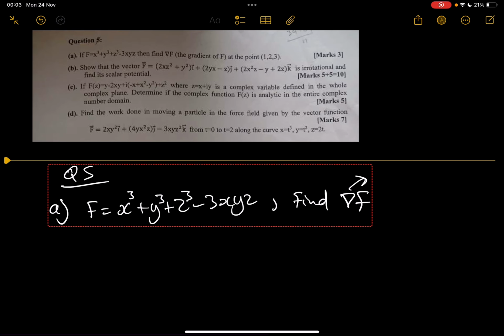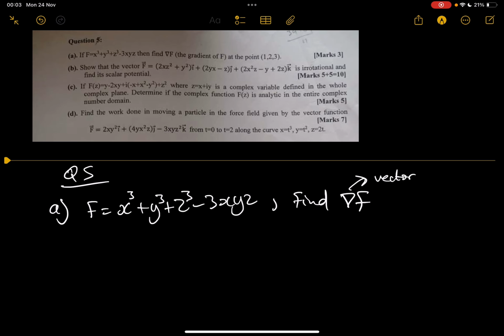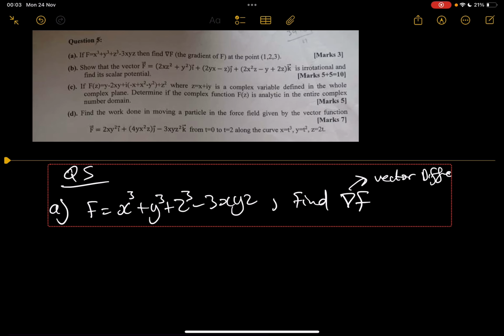We know that this is the vector operator, the vector differential operator.